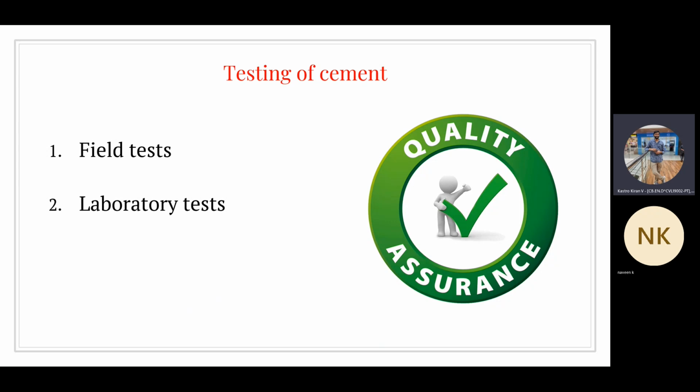We'll be talking about both these cases: how to test the cement in the field and how to test the cement in the laboratory, and how to evaluate whether the test results we are getting are within the limits or not, and what are the code books that are used to check the quality of the material, that is cement. So first I'll be focusing on the list of tests and their test methods, especially when you are testing the cement in the field or in the site.